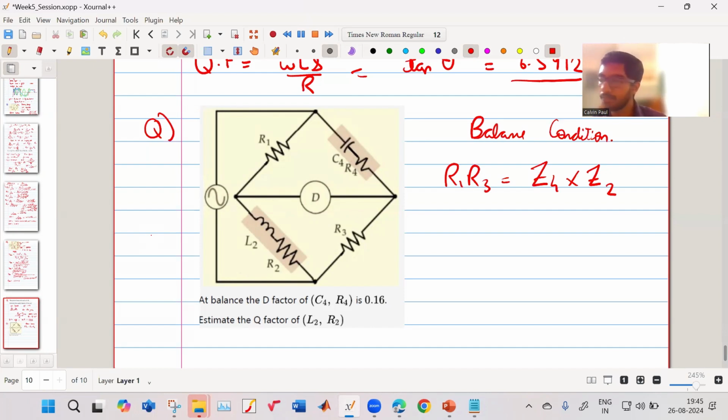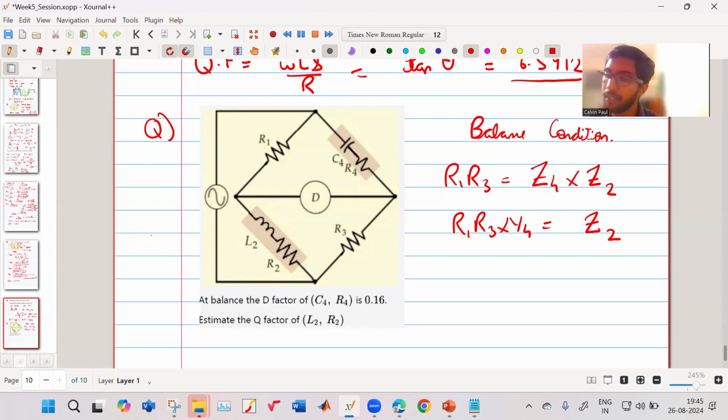Now what do we know? What don't we know? So now we want to find a balance condition. We can write it as R1 into R3 into Y4 is equal to Z2, right?